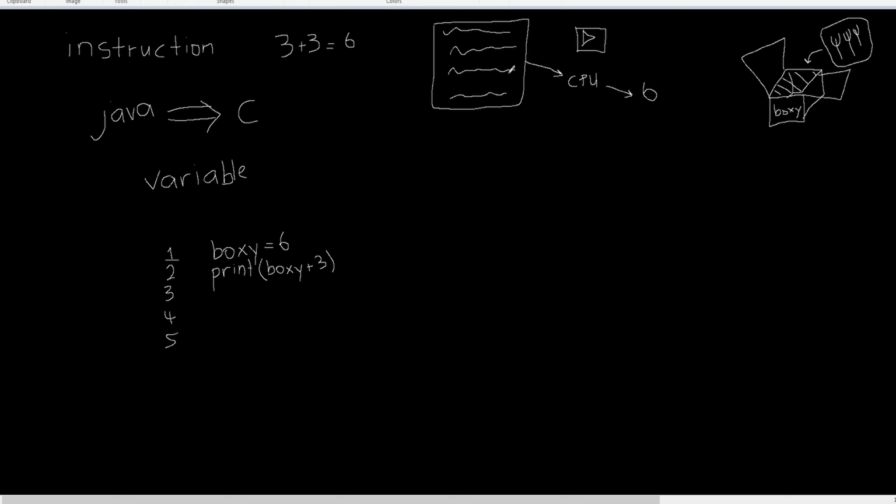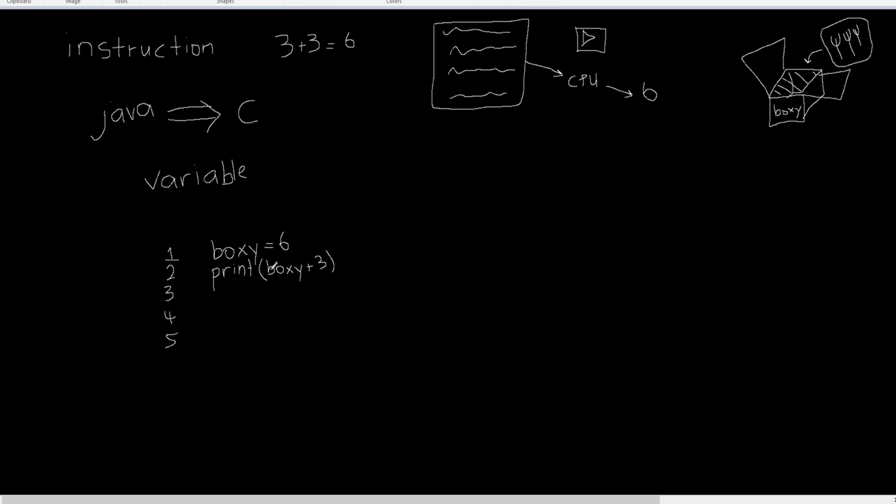So if you ran this piece of code, Boxy equals 6, print Boxy +3, what's going to happen is you're going to feed these instructions into your CPU. Your CPU is going to say, okay, we have something called Boxy. Boxy is a number, it seems, with value 6. And then we want to put something onto the screen.